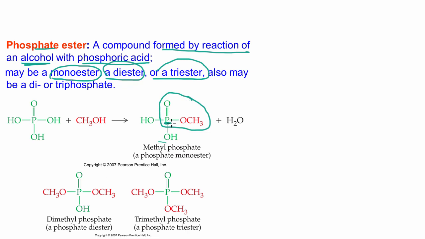Okay, this is a monoester because we only have one such group. And here we see a diester. So, for example, this would be considered the phosphate ester group, and this would also be considered the phosphate ester group.